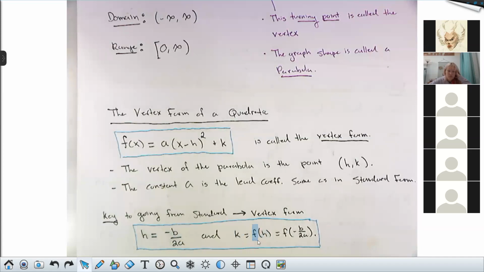And this notation isn't f times h, this is f of h. This is the output you get when you plug h into the function f. You plug it into whatever form you have. If you're trying to go from standard to vertex, what you'll have is the standard form. So you'll use this formula to get h, and then to get k, you will plug that number in for x into whatever form you have.